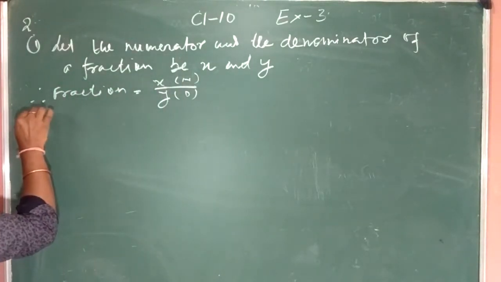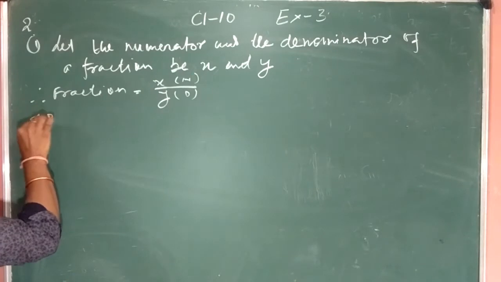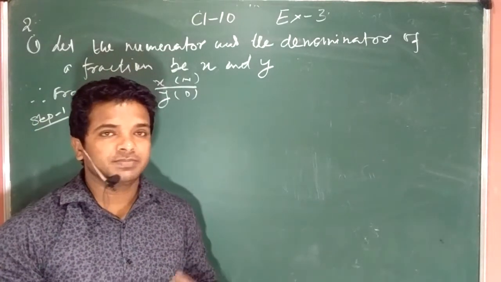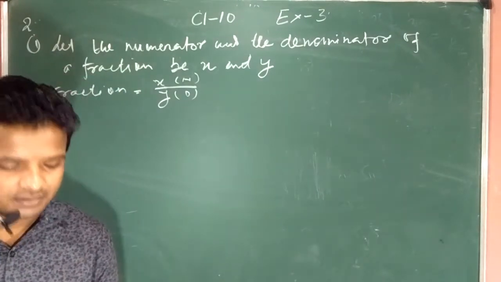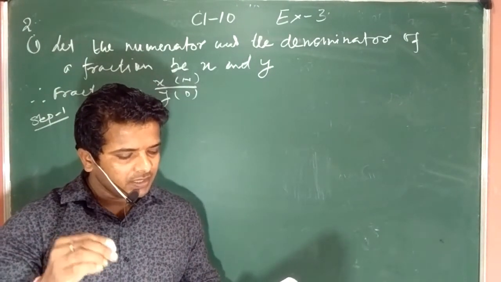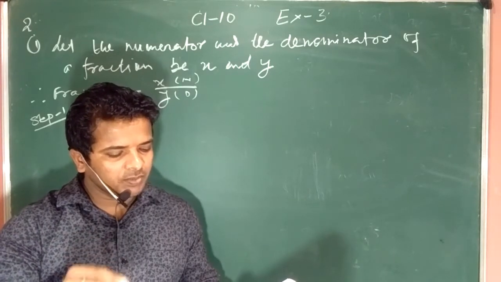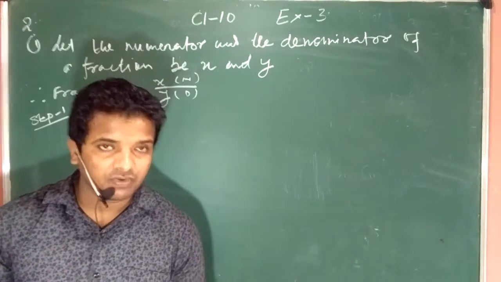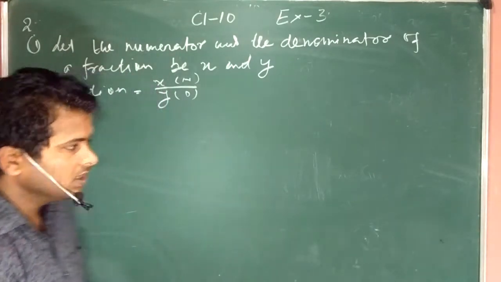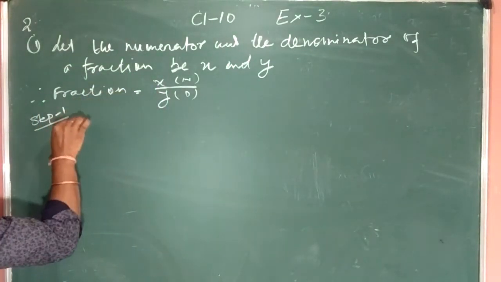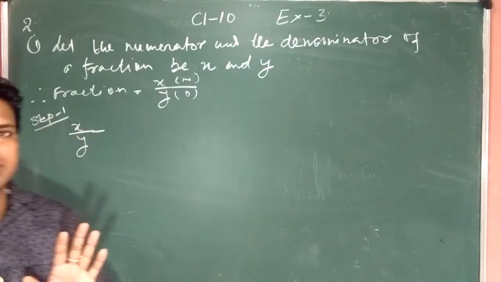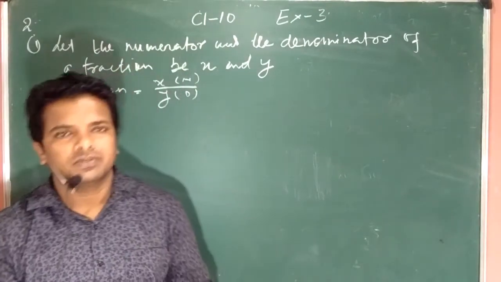Let us start step 1. Step 1 or case 1, or as per the question condition 1. Okay, so many things you can write. Question is, if we add 1 to the numerator and subtract. First of all, we don't know what to add or subtract. We just know that our fraction is x by y. Only this one we know.